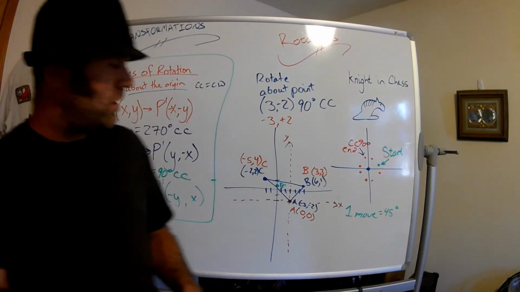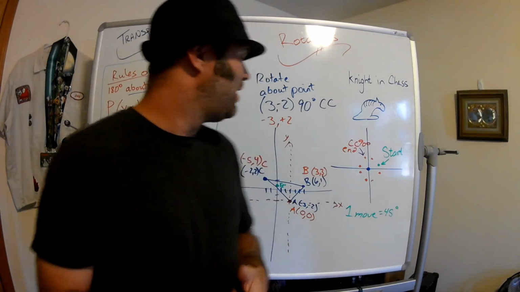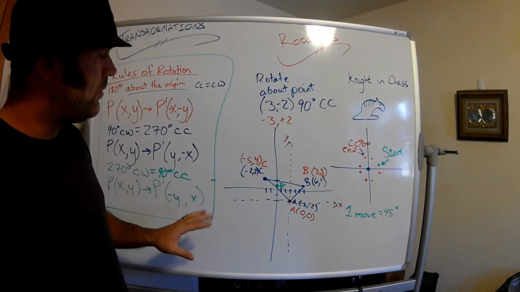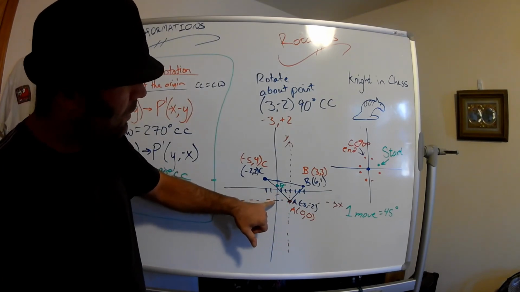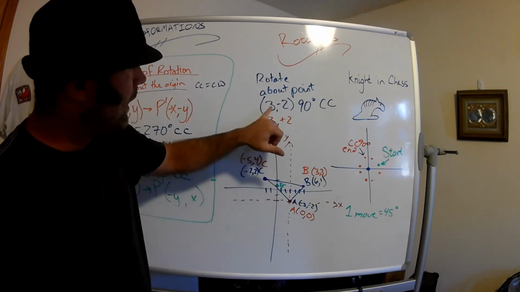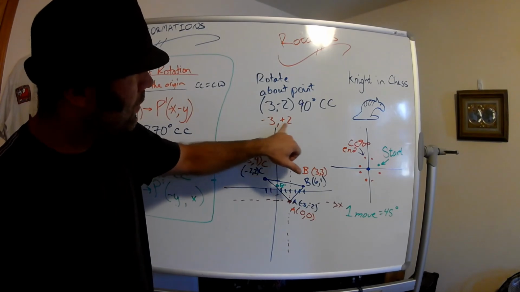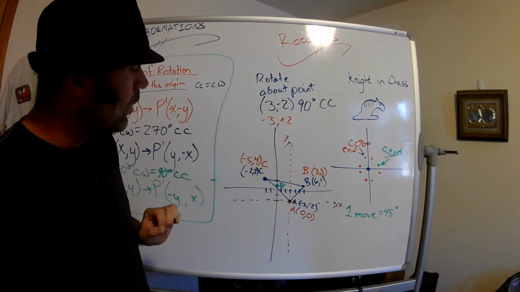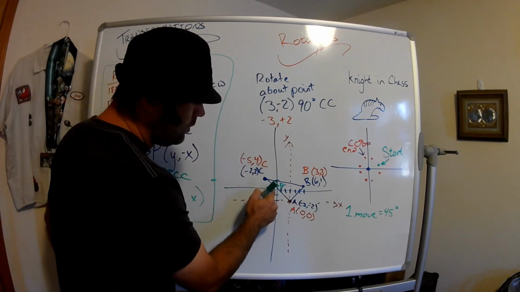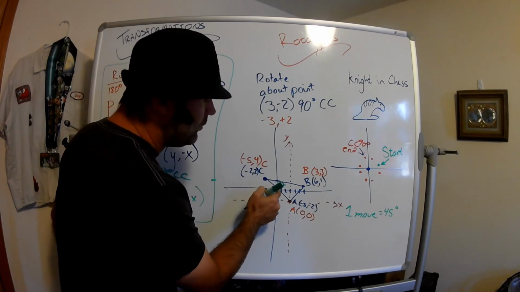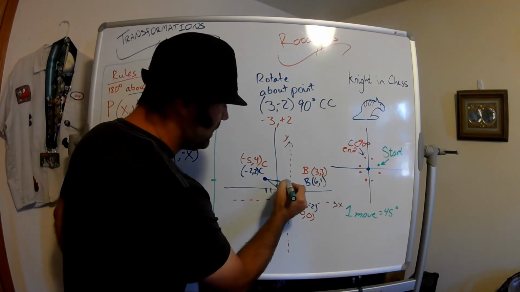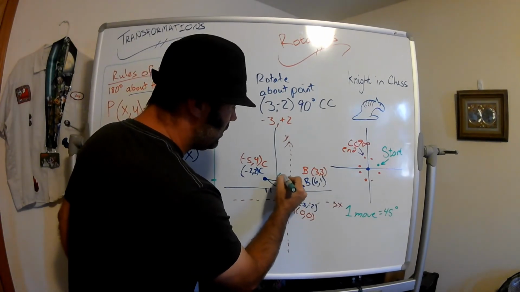And we can actually now see what its end answer is, because our end answer is based on actually moving back left 3 and up 2, right? Left 3 and up 2 will get us back to where we were. So our actual answer, B prime is (0, 1).